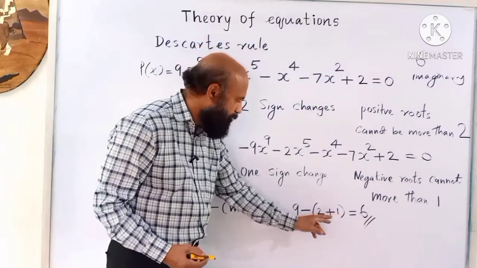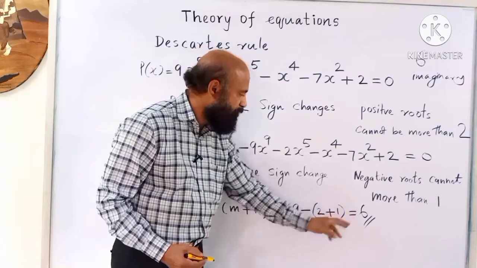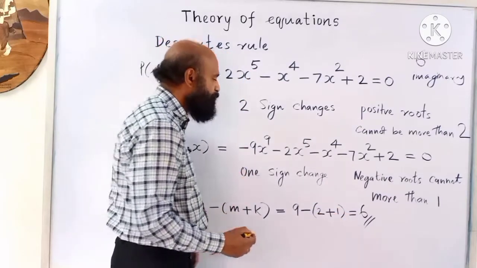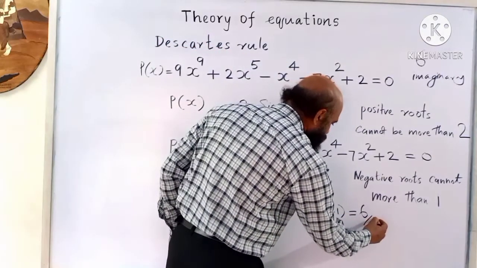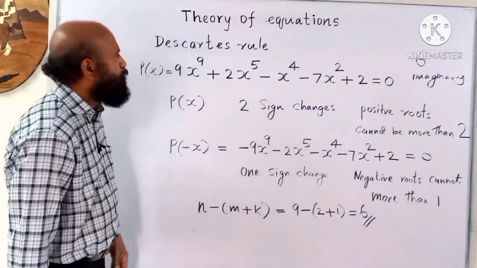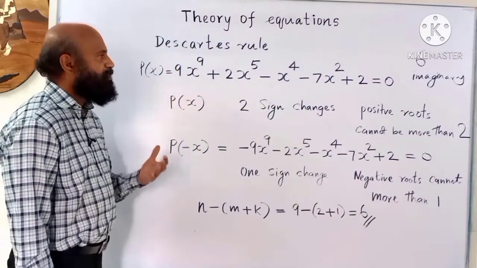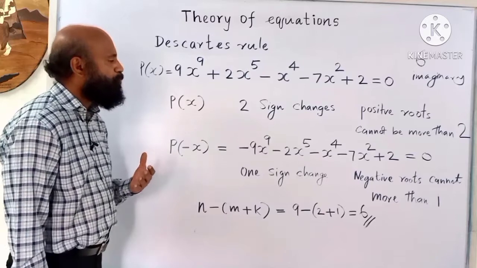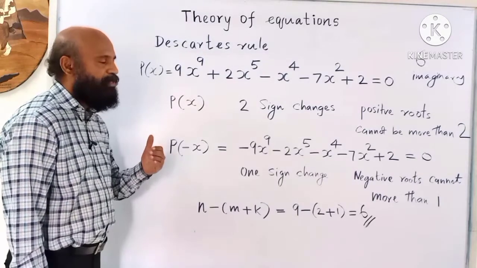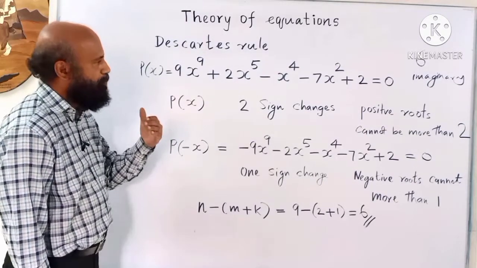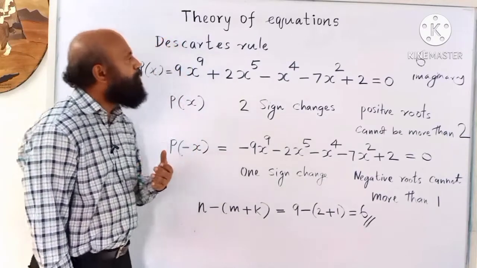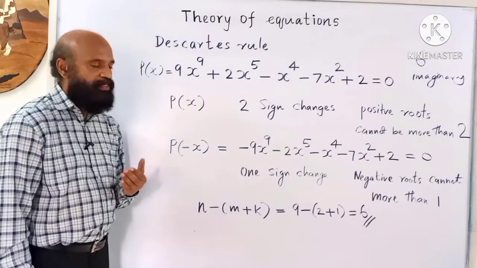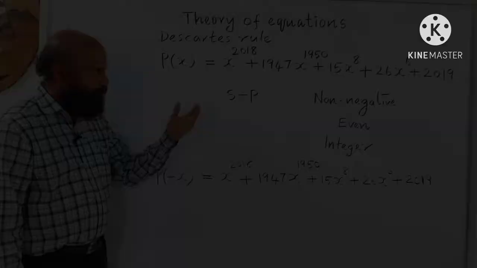So 2 plus 1 is 3, and 9 minus 3 is 6. So there should be at least 6 imaginary roots. So Descartes' rule is not giving the exact number of positive roots and negative roots. It is giving the upper bound of the number of positive roots and negative roots.